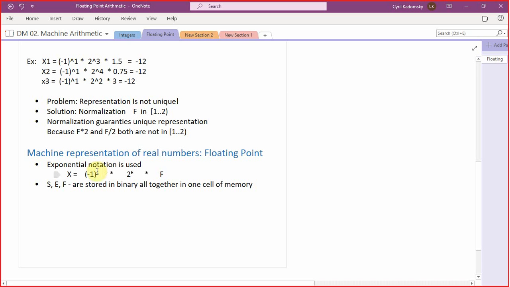So, to represent once more, S, E, and F are stored in binary and are all stored together in one cell of memory.